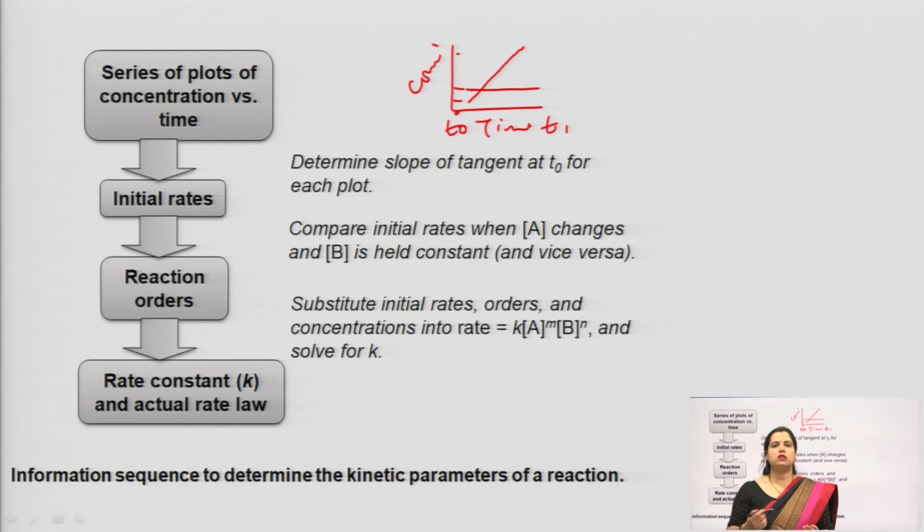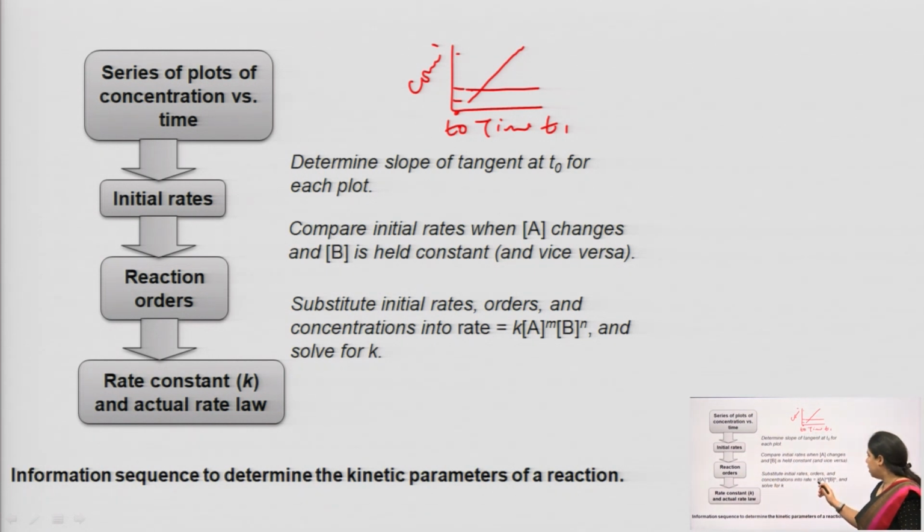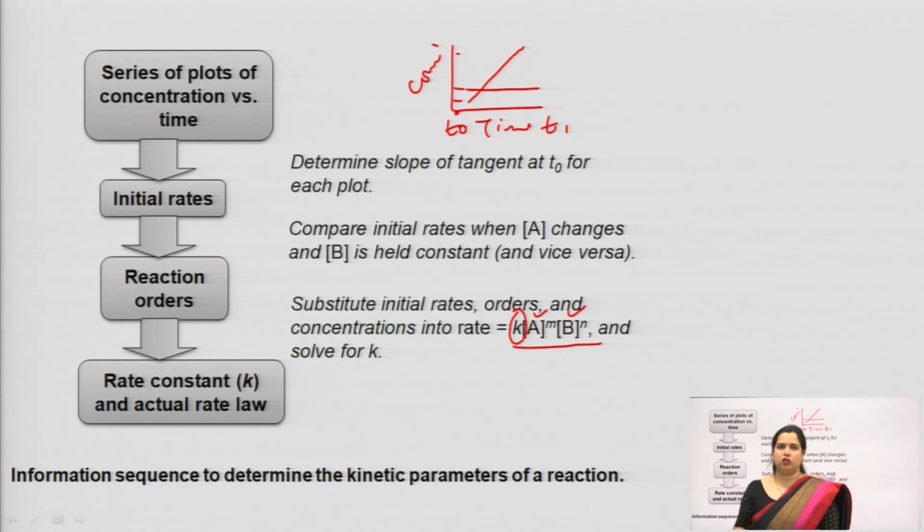So, we substitute initial rates, orders and concentrations into the rate law, and we can put in the values we get from the experiments and solve for k. So, we can identify k using the concentration change at a particular time, and we can put these values in to identify the rate constant, right.